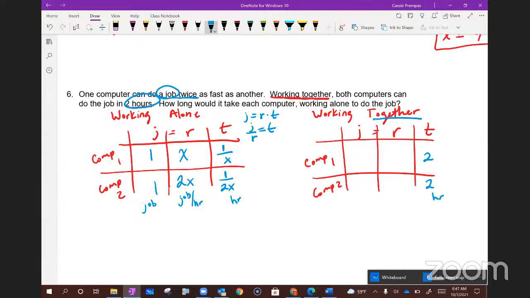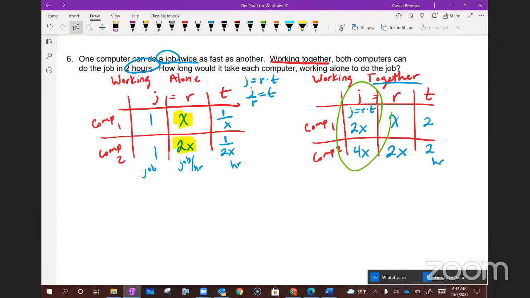Now, let's go ahead and fill in the pieces that we know in the other chart. The rate, we know the rate is going to be consistent. So if this is X and this is 2X, I can basically just copy that to the other chart, X and 2X. Now I know the job is going to equal the rate times time. So computer 1 is going to be 2X and computer 2 is going to be 4X. We always set up an equation using the last column filled in.